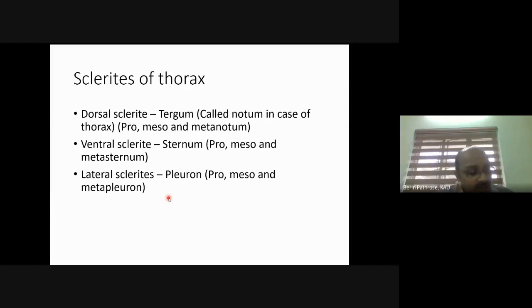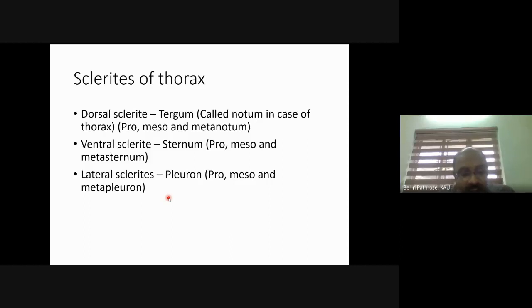the lateral side. So if you are describing the tergum or the notum of the prothoracic region, we call it as pronotum. If you are describing the dorsal sclerite in the mesothoracic segment, we call it as mesonotum or mesotergum. And if you are discussing about the dorsal area of the metathoracic segment, we call it as metanotum.